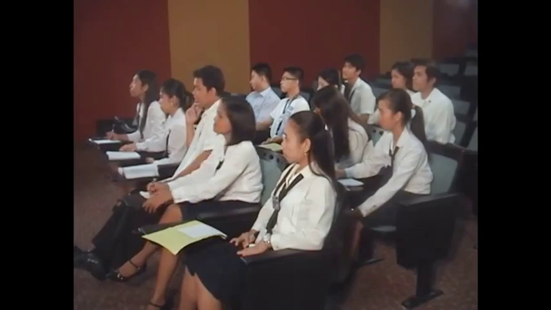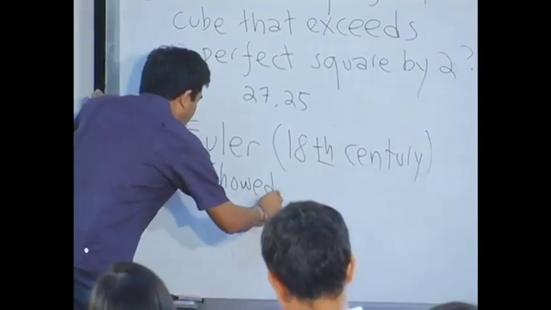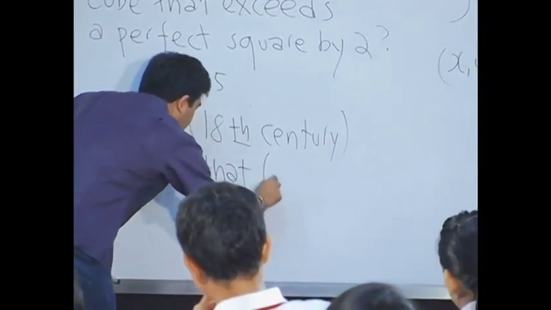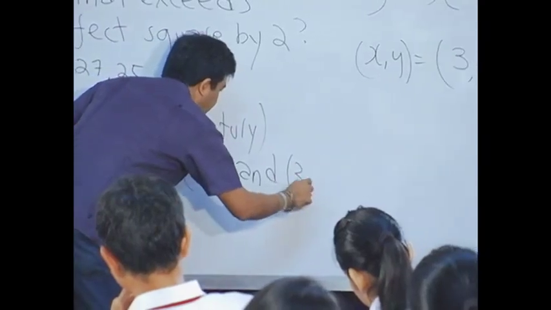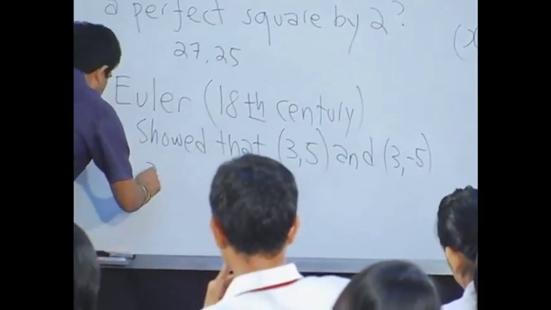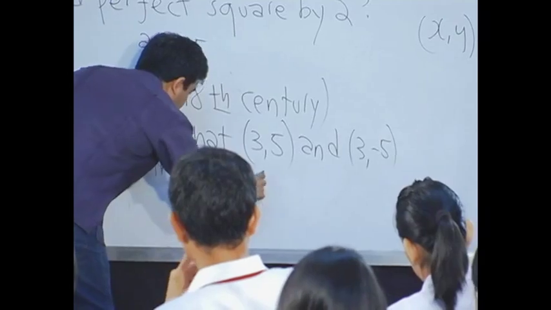This is a very old question, but somewhere in the 18th century, it was shown using imaginary numbers that there are no other solutions. In my third lecture, I will talk about Euler, who showed that 3, 5 and 3, negative 5 are the only solutions.